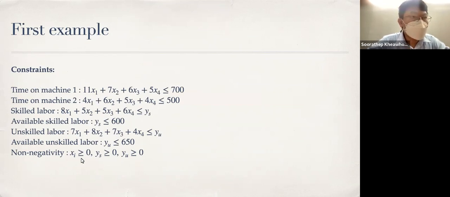For example, for production, you have to produce a positive number, right? You cannot produce a negative number. For example, if your objective function is cost, and you produce a negative number, the cost will go the opposite way, right?